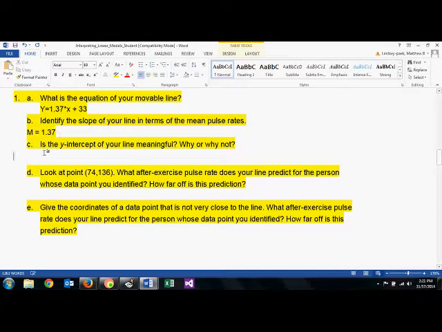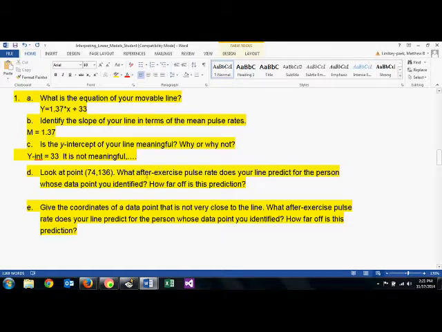The y-intercept for me is 33, and the question is, is it meaningful? I'm going to say it is not meaningful. Why is a pulse of 33 not meaningful?